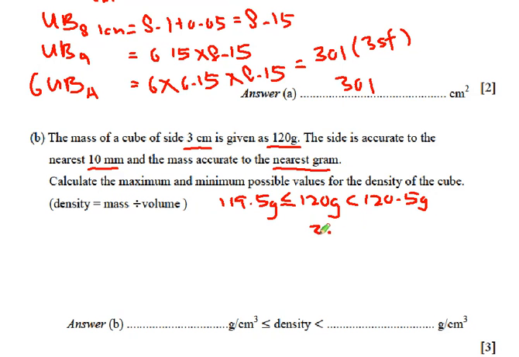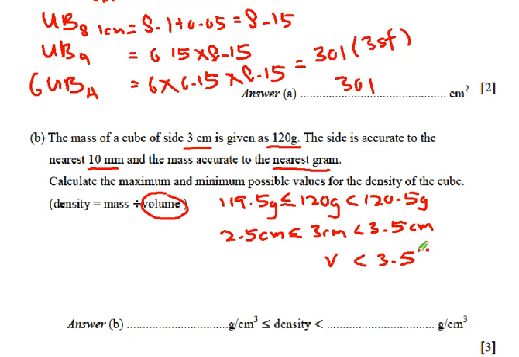For the side of 3 cm, the upper bound is 3.5 cm and the lower bound is 2.5 cm. However, we need volume, so we cube the side to get the volume. So the upper bound of the volume is equal to the cube of 3.5 and the lower bound of the volume is equal to the cube of 2.5.